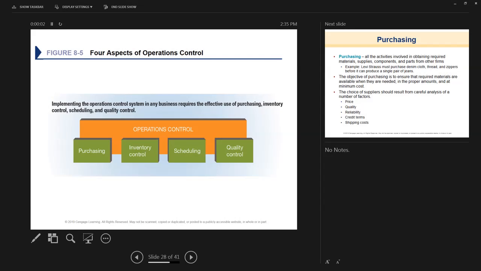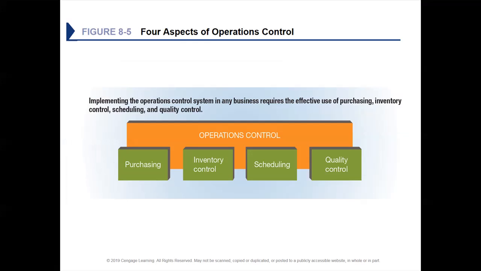All right, so this lecture is on operations control. What operations control says is that we've got a production facility producing an item, whatever that is. We're going to use cupcakes as our example.